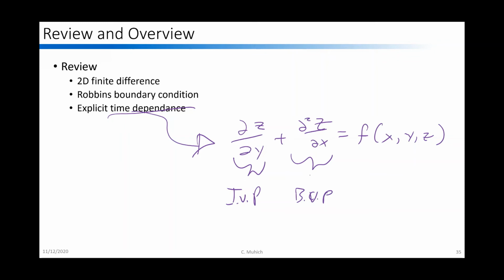Even though we only covered the case where we considered this y to be a time, it could be another space variable with an initial condition. We also covered the cases where we had two boundary values, so maybe d squared z/dx squared plus d squared z/dy squared equals 0, where we had two boundary value problems stuck together.